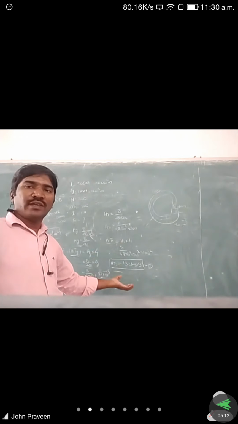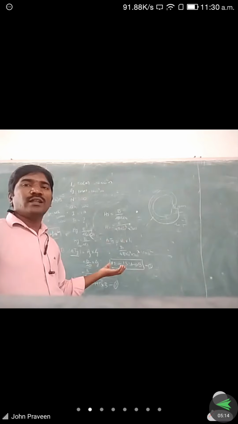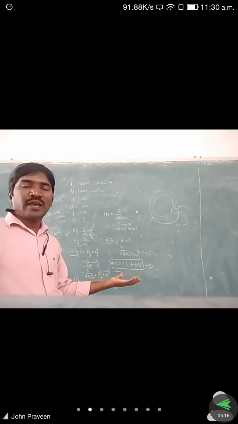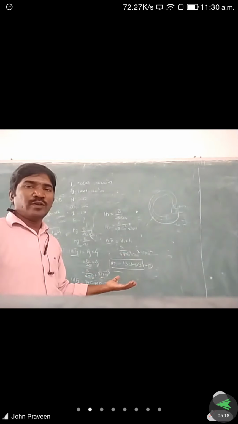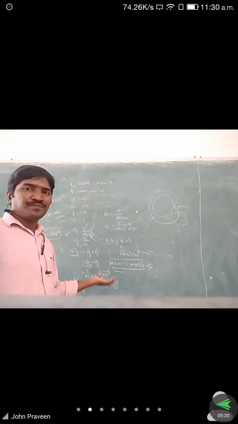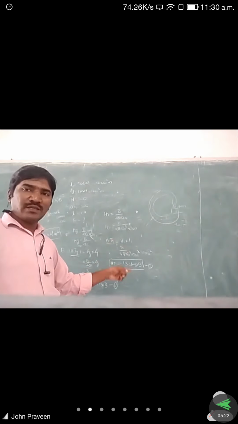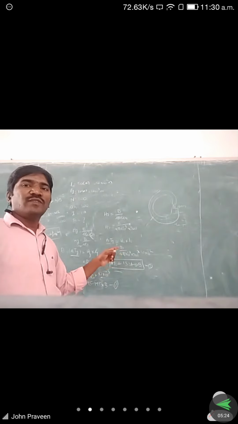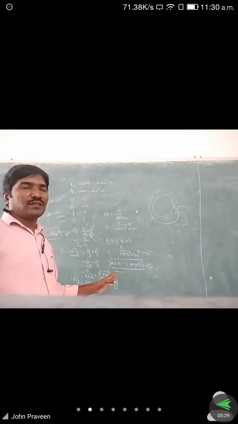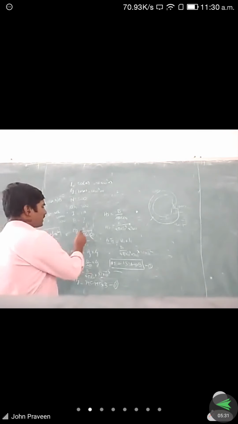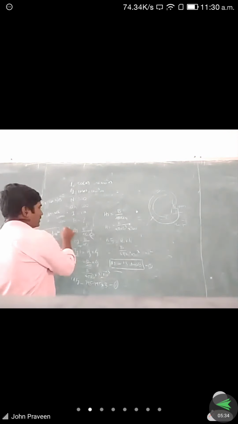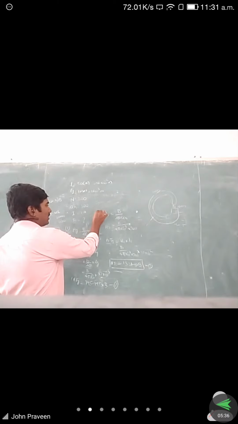I apply it to both air as well as the iron material. The flux is the same and the ampere turns are the same, but the flux density may change as well as the field strength. Those two things we want to find out. First we find for the air gap. This is case 1, and this is case 2.